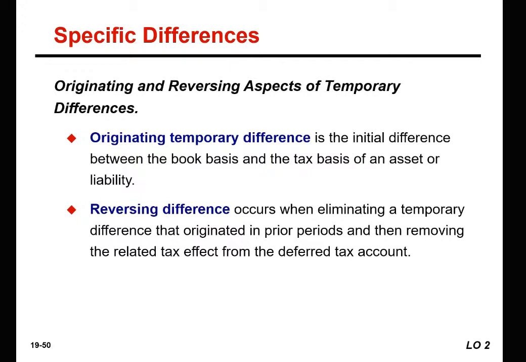Reversing differences, however, occur when the temporary differences that originated in a prior period is eliminated and the tax effect is removed from the deferred tax account. So, for example, with the originating one, it's there much longer, whereas with the reversing one, that particular difference will clear out in a later period.